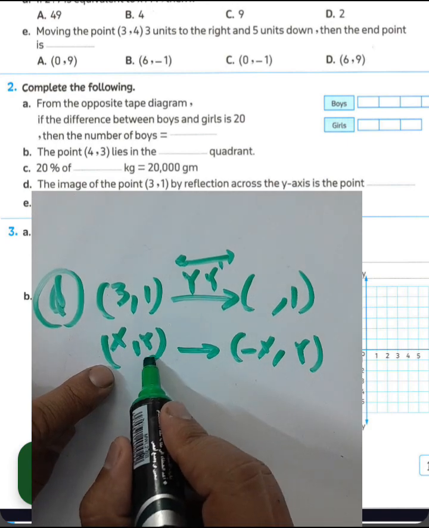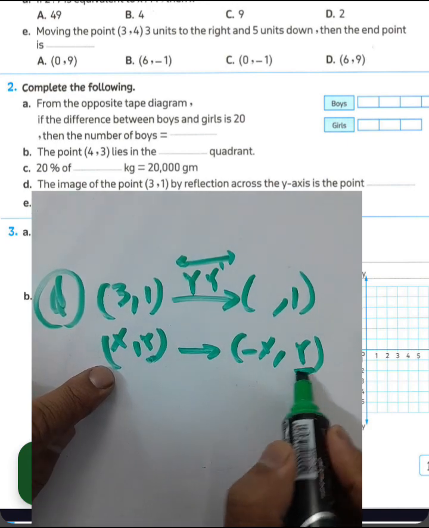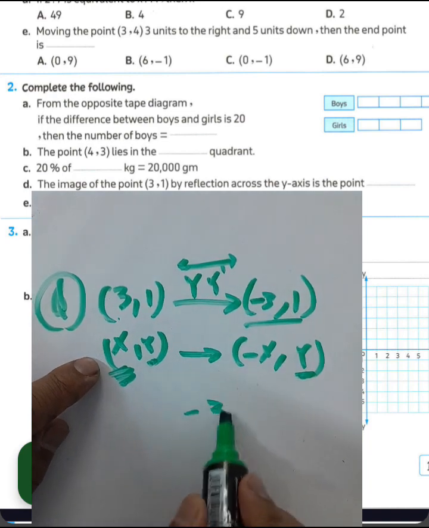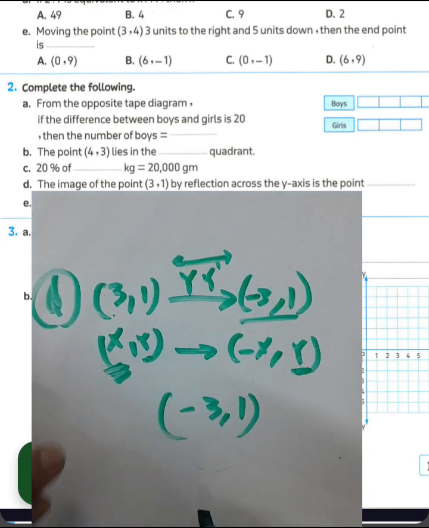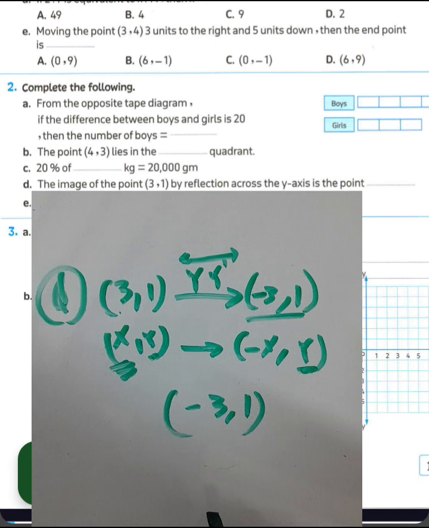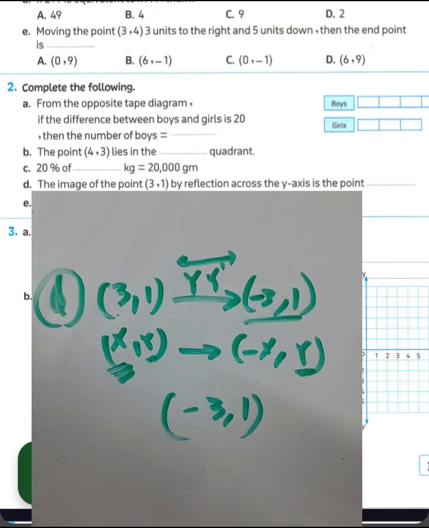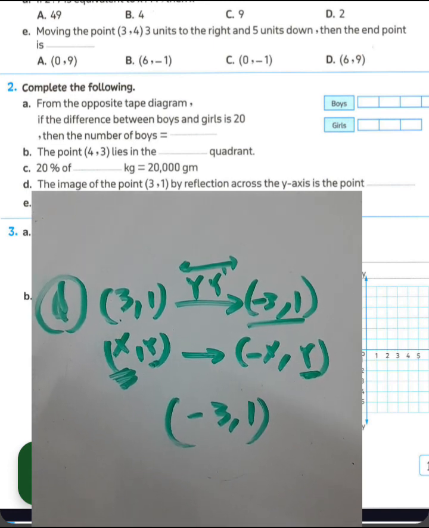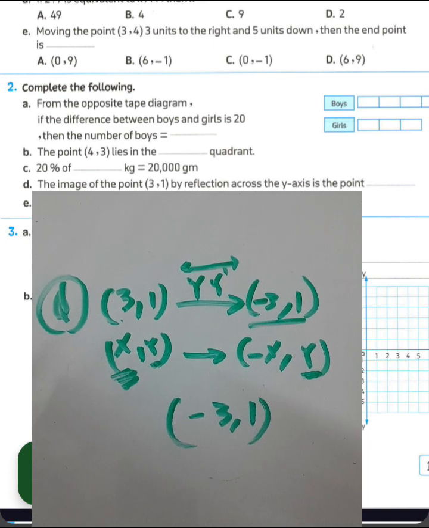It will be negative 3. Then the result will be negative 3 and 1. The image of the point by reflection across y-axis: put y and change the sign of x.